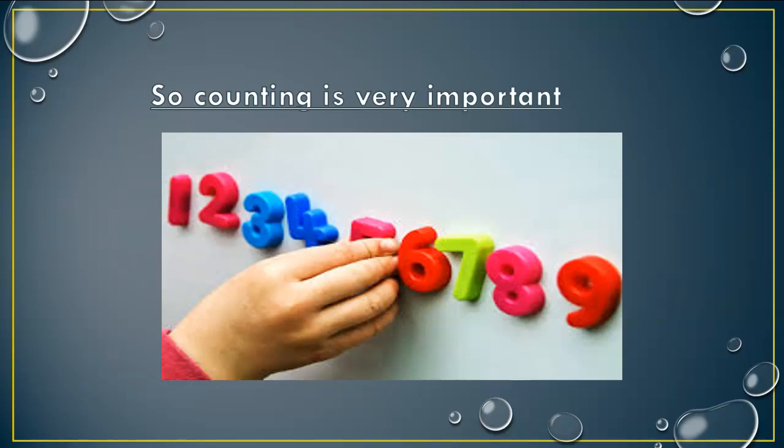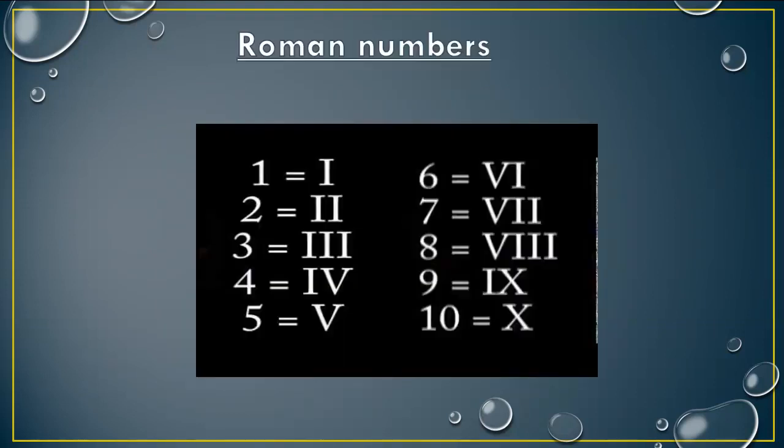So students, let's move to our topic. Today's topic is Roman numbers. We are going to convert Arabic numbers to Roman numbers. Students, what number system do we use? Well, we use the Arabic number system. Now, in the Arabic number system, we have a total of 10 different digits.